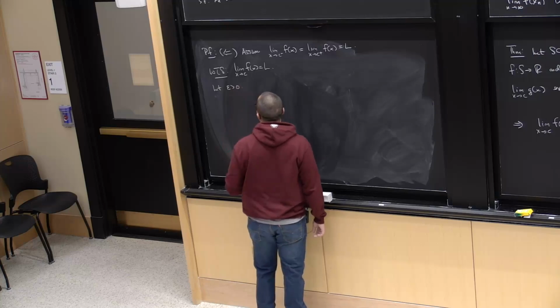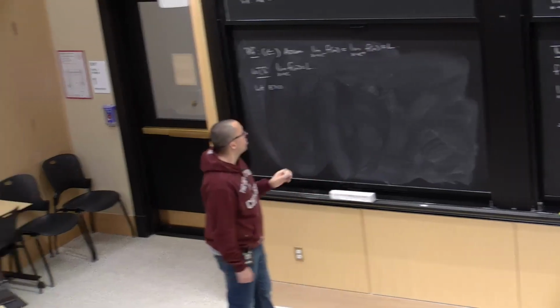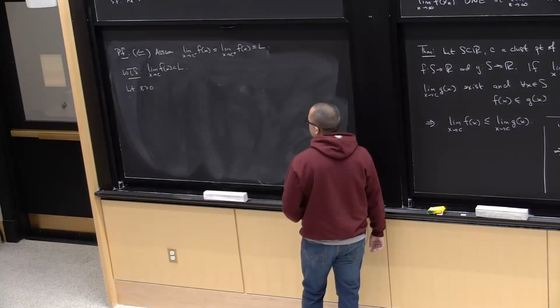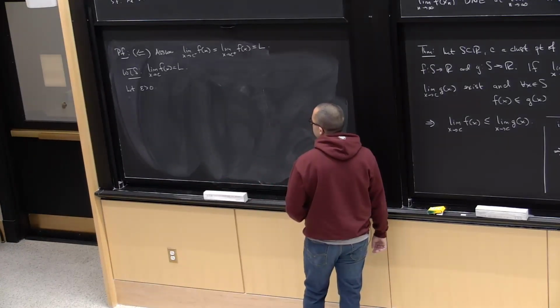Let epsilon be positive. We want to be able to find a delta so that f of x is within epsilon to L if x is within delta to C.